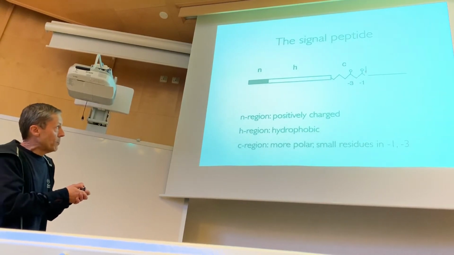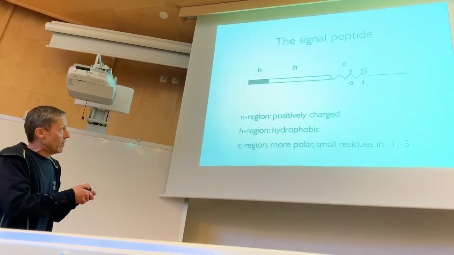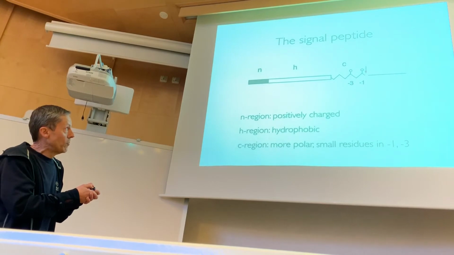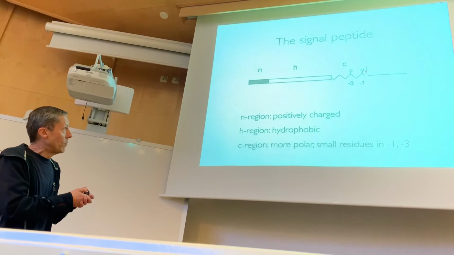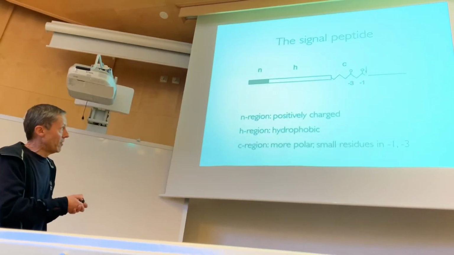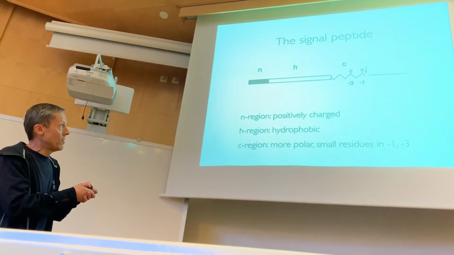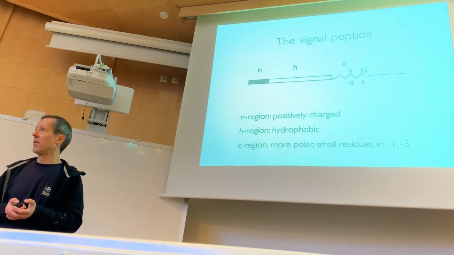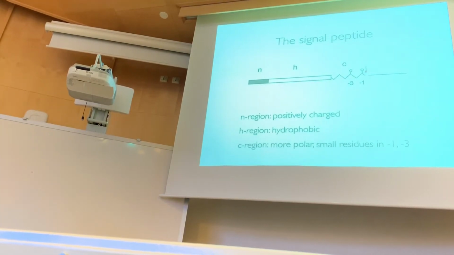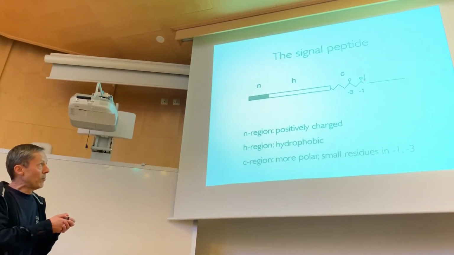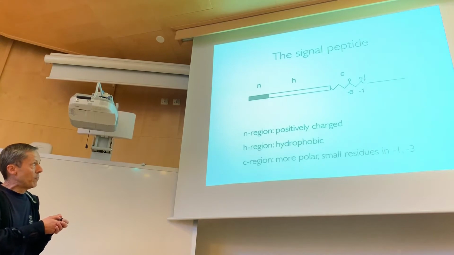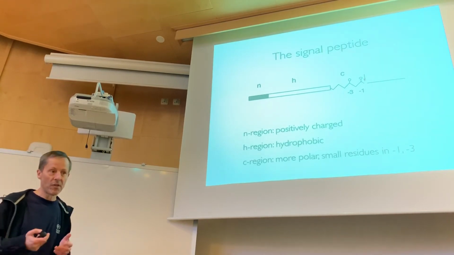And what was immediately realized was that the amino acid right before the cleavage site and 2 positions upstream of that seemed to require small residues, like serines and alanines, but never big bulky residues. So apparently the enzyme would recognize this kind of peptide with 2 small amino acids and be able to cleave it in a specific site.